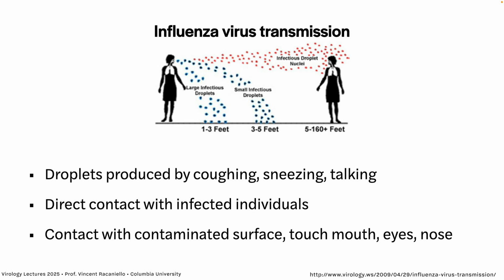If you shake someone's hand and they've recently touched their nose and their mucus, you could get contamination with virus, or contact with contaminated surfaces. So you touch a doorknob that's heavily contaminated. Someone has just opened the door who has flu and they have mucus on their hands. They get it on the doorknob. You pick it up and then you touch your nose or eye and you transfer it to yourself.